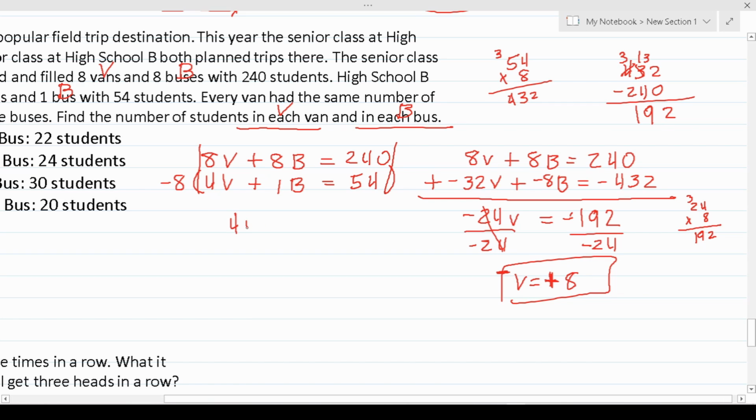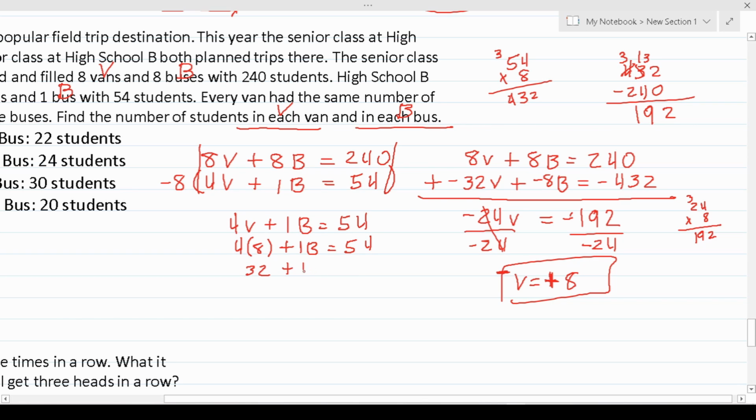This is 4v plus 1b equals 54. In place of v, we can plug in 8 since we know what v is. So this is 4 times 8 plus 1b equals 54. 4 times 8 is 32.